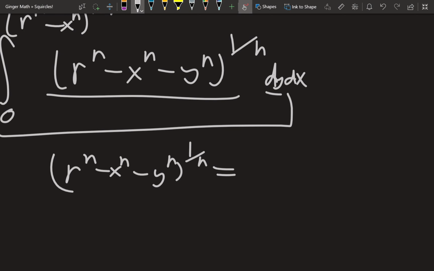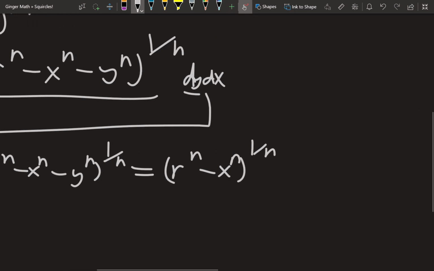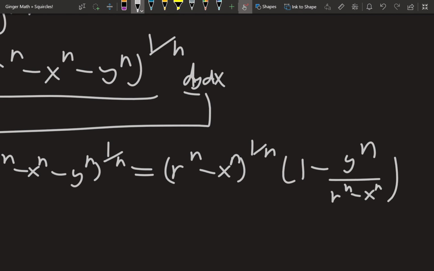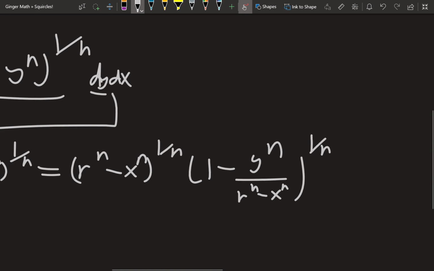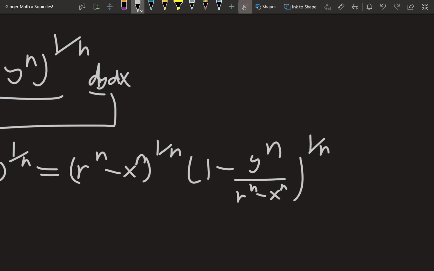So this is the same thing as (r^n - x^n)^(1/n), but times (1 - y^n/(r^n - x^n))^(1/n). Okay. Those two things are equivalent. So I'm just going to sub one in.